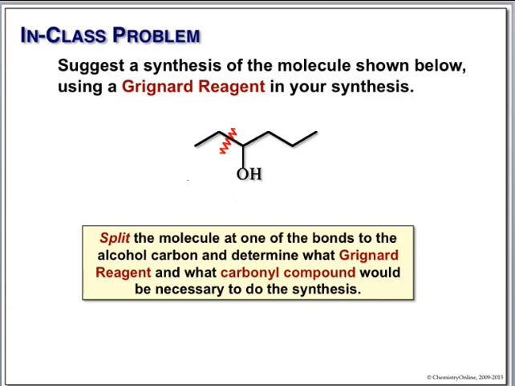That means that our Grignard reagent was this 2-carbon chunk, and that our carbonyl had 1, 2, 3, 4, and this was an aldehyde.